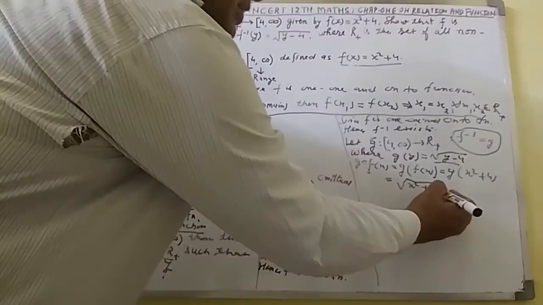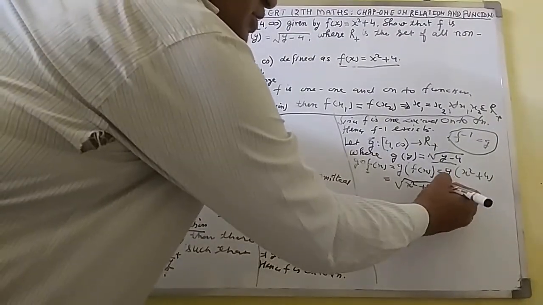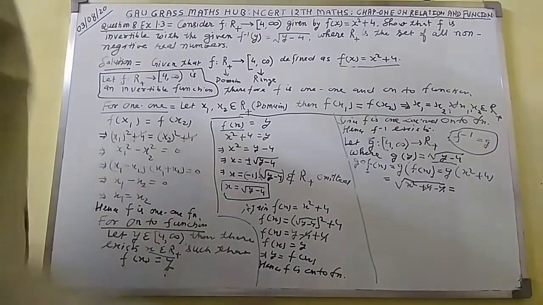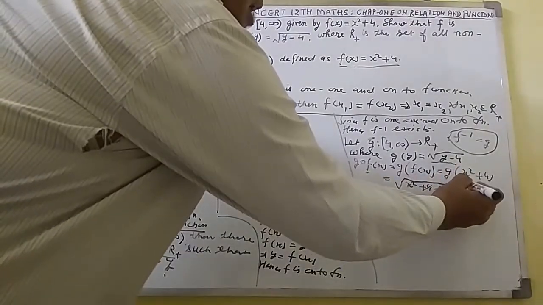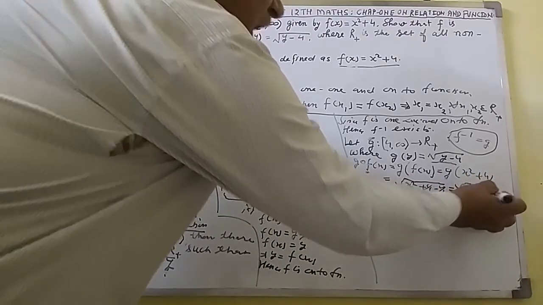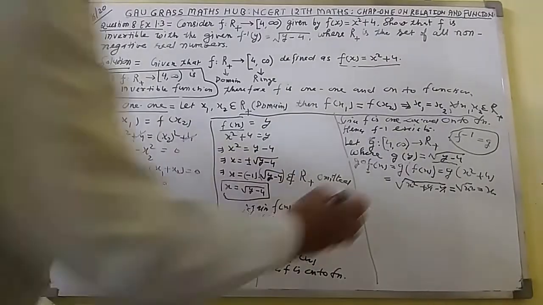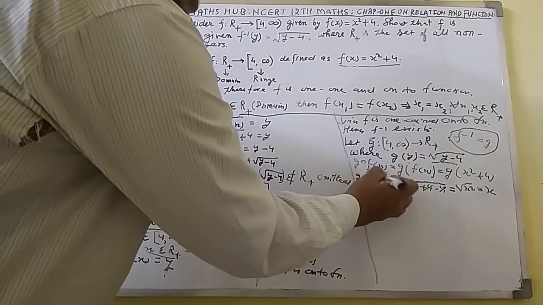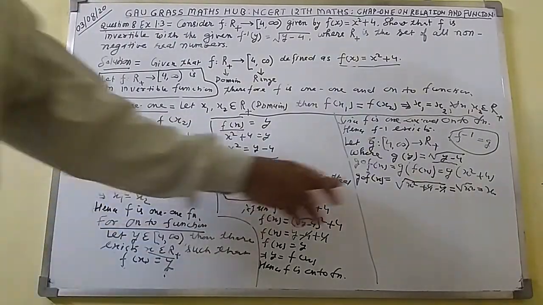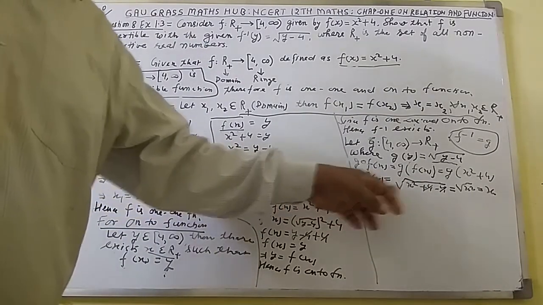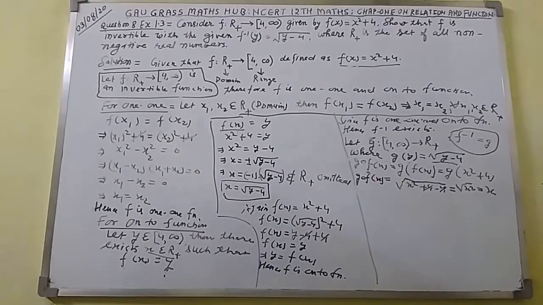Here minus 4 is there, so put here minus 4. So this will become plus 4 minus 4, that will be cancelled out. Or here you will get under root x square equal to x. So here you have got g o f (x), g of f(x) equal to x.